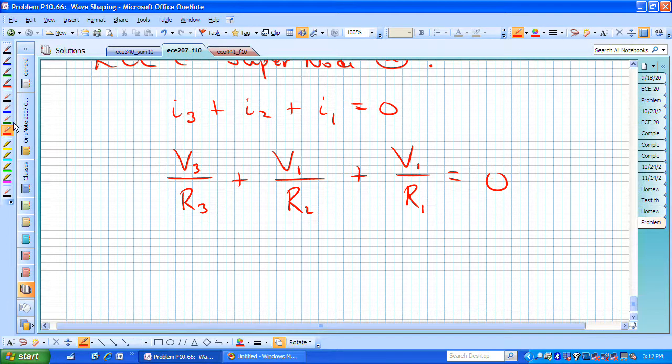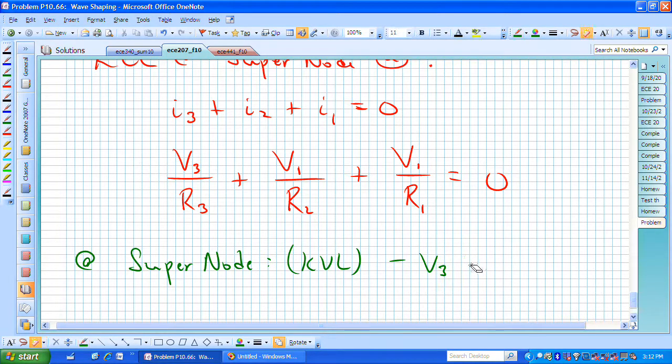If we look inside or at the supernode, our KVL relative to that said that we had minus V sub 3 minus Vn plus V1 is equal to 0.